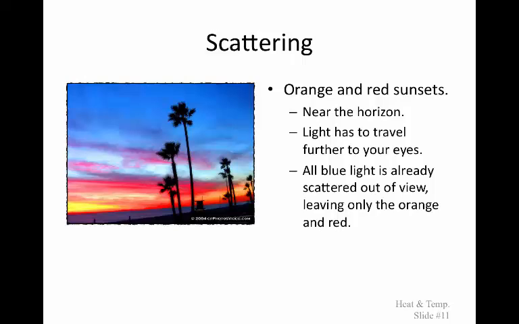And the blue would not still appear there because the blue is shorter, and it scatters away before your eyes can see it. But the longer wavelengths with the sun position right there will reach your eyes effectively. And so that's what actually gives you the nice brilliant colors of the orange and red, and sometimes even pinkish sunsets. Let's go ahead and go to the next slide now.